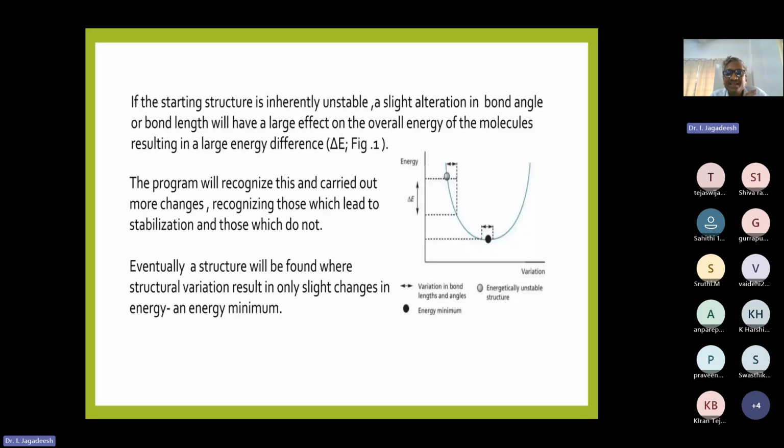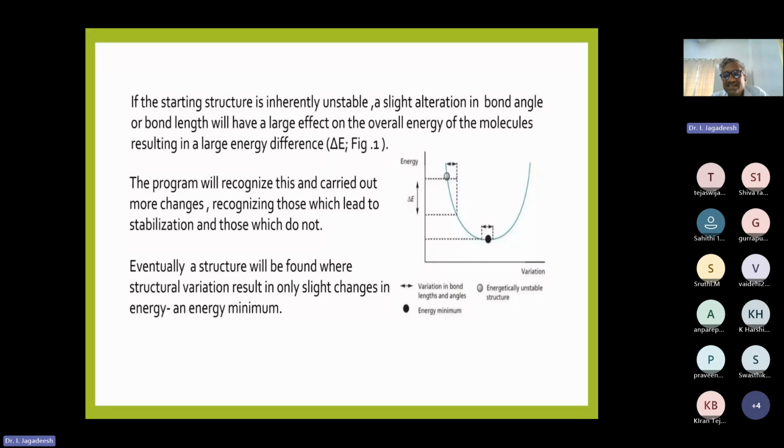Then we are fitting that particular moiety, fixing the three-dimensional structure of that moiety. Once we are fixing it, then we can see the score of interaction at the binding sites. This is our journey. So you see the figure where the y-axis is delta E, that is the change in the energy with respect to variation in the bond angles and bond lengths.